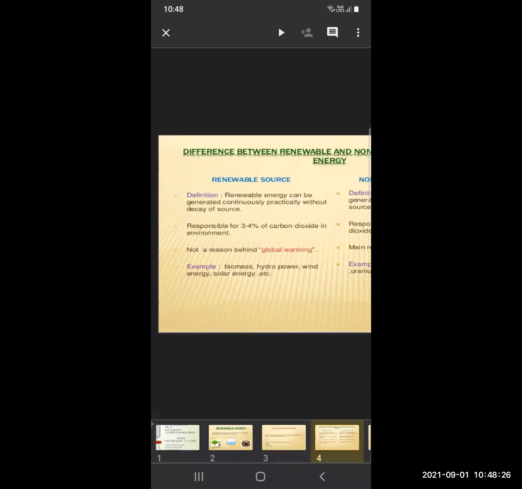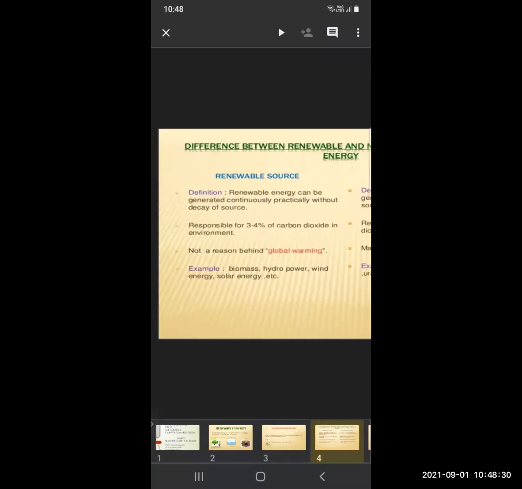The difference between the renewable and non-renewable energies. First, we will see the renewable source. Definition: renewable energy can be generated continuously, practically without decay of source. Responsible for 3 to 4% of carbon dioxide in the environment. Not a reason behind global warming.